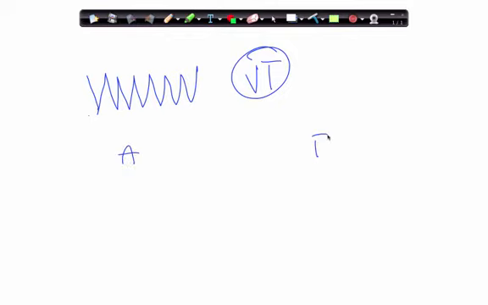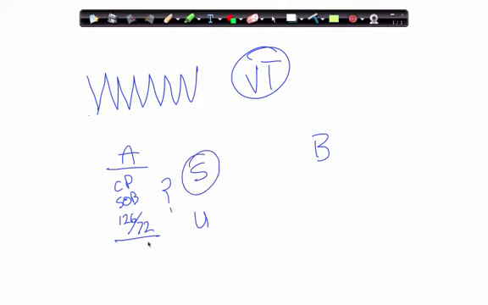This is patient A and patient B. Patient A has chest pain, shortness of breath, with a blood pressure of 126/72. The question you need to ask: are they stable or unstable? And the answer is with a blood pressure like that, they are stable.